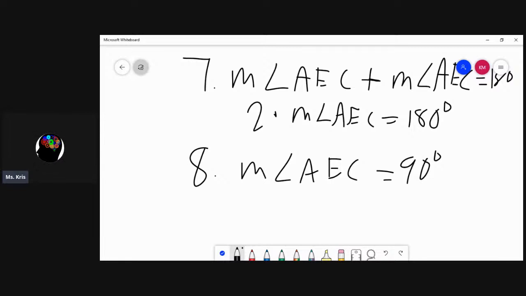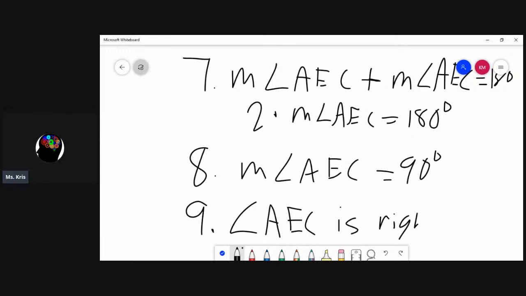So I divided 2 on the left side and divided 2 by 180, and that gave me 90 degrees, which allows me to prove that the angle AEC is a right angle, because if the measure of an angle is 90 degrees, then it is a right angle, by the right angle definition.